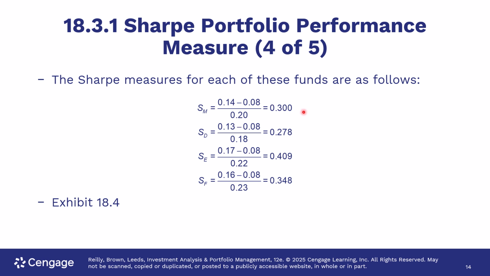Here are the Sharpe ratios. Remember, we want our Sharpe ratio to be as high as possible. So it looks like fund manager E, relative to the other portfolios, performed the best on a risk-adjusted basis. By dividing by sigma here, we are risk adjusting, right? So when you divide by total risk, you are risk adjusting.